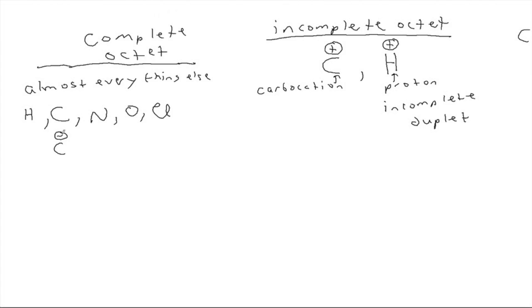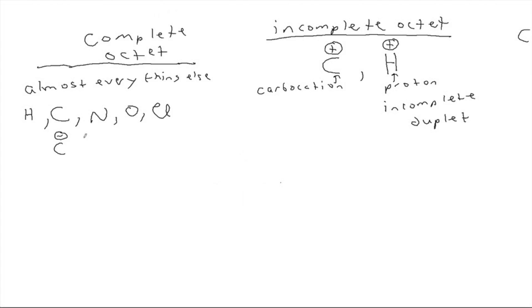It does have a negative charge. This would happen if you have a carbon with 3 bonds and a lone pair. A carbon with 3 bonds and a lone pair has a negative formal charge, but it still has a complete octet. Because remember, how many electrons do we count from each bond? 2. So there would be 2, 4, 6, and then 8. So it would still be a complete octet.